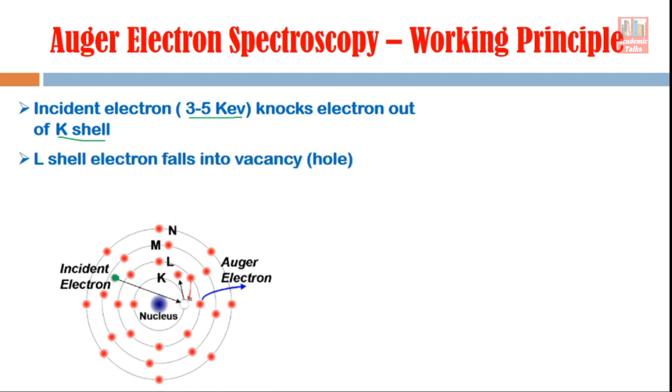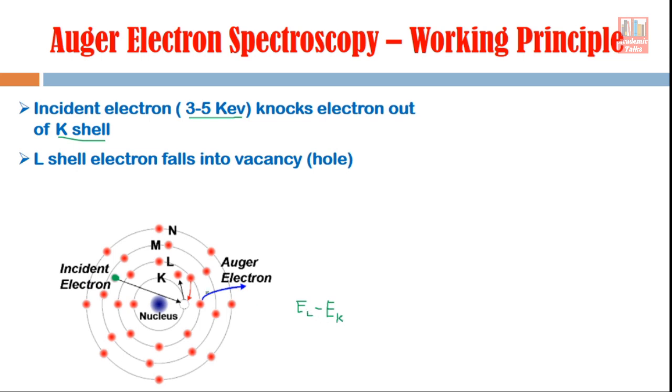Now in order to fill this vacancy in the K shell, another electron which is at a higher orbit will shift to this lower orbit. If the electron moves from the L orbit to the K orbit, the L orbit has higher energy and the K orbit has less energy, so energy will come out of the system, and the amount of this energy is EL minus EK.